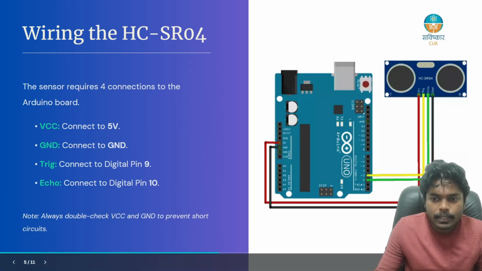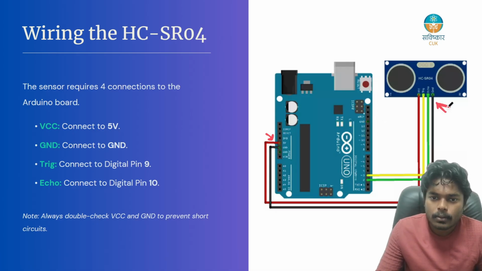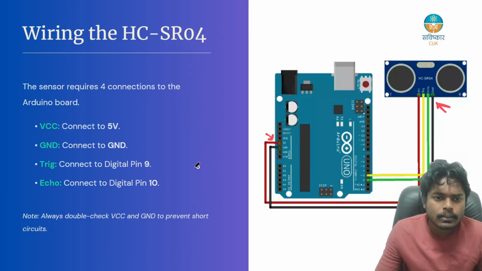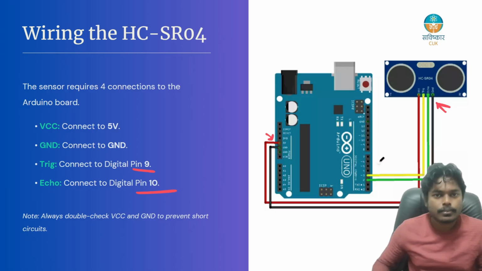All right. So as we have discussed, it has four pins, right? So what are those four pins? One is VCC, which you have to connect to 5 volts. You have to connect the ground with the ground pin of the Arduino, and then you can take any of the digital pins, like digital pin 9, 10, 3, 5, whichever you want.